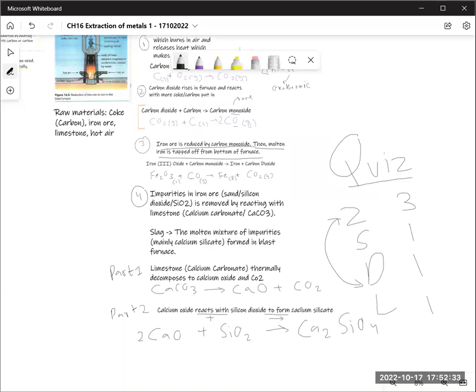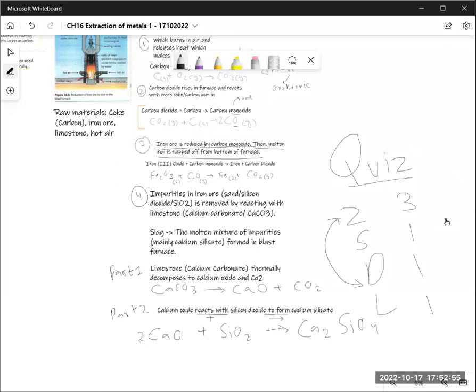So the equation is 2CaO plus SiO2, which gives you Ca2SiO4. But the problem is, I'm asking when calcium oxide is formed, not reacting. So the calcium oxide must be forming in that equation.